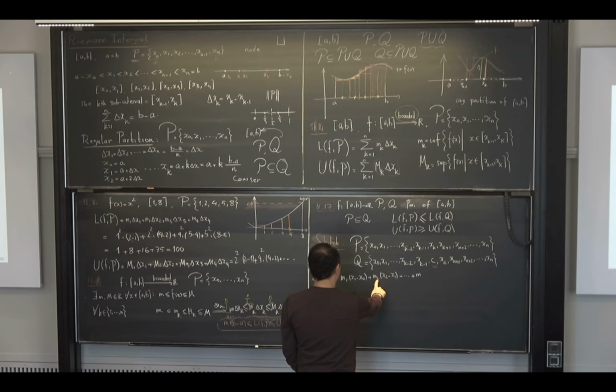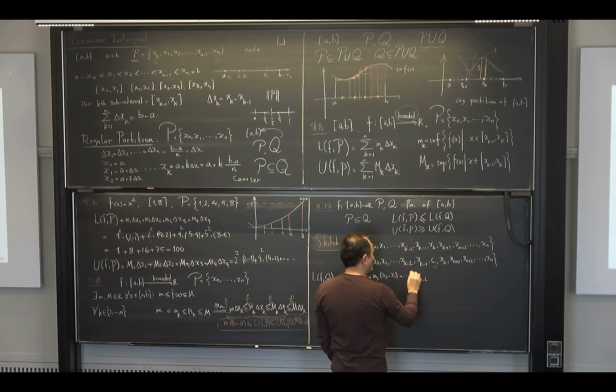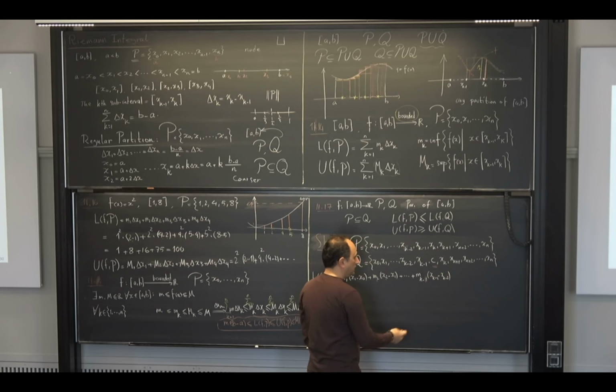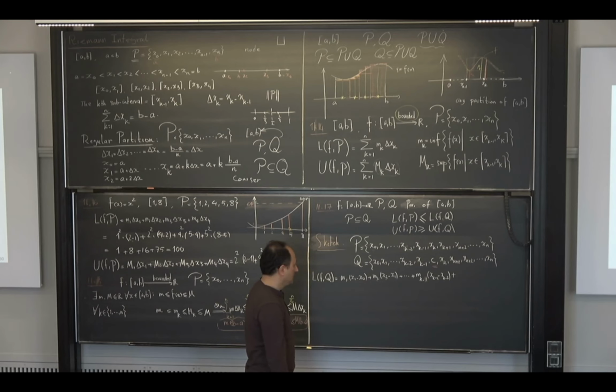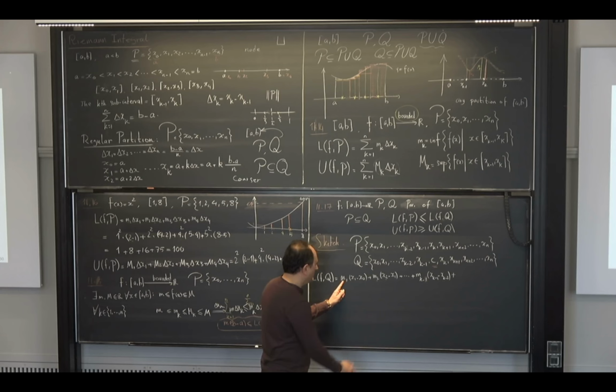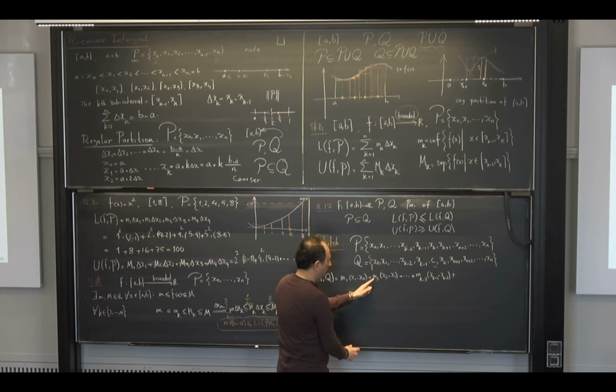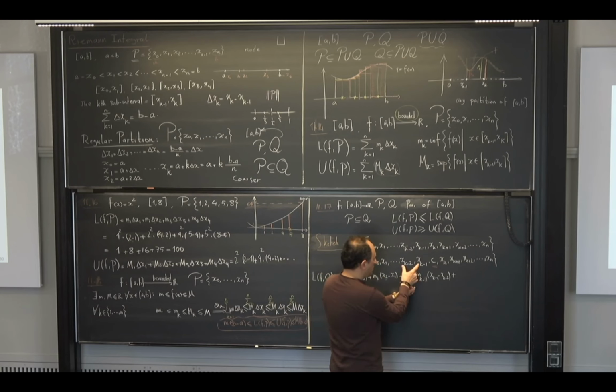It becomes m(k minus 1) times (xk minus 1 minus xk minus 2). Do you agree? And now, can you help me? What should I write now? This is the infimum on the first subinterval. This is the infimum on the second subinterval. And I continue here. Up to here, I have written down. So I want to go to the next one.